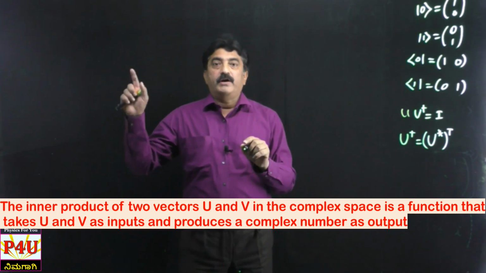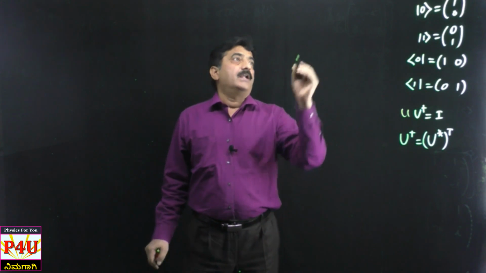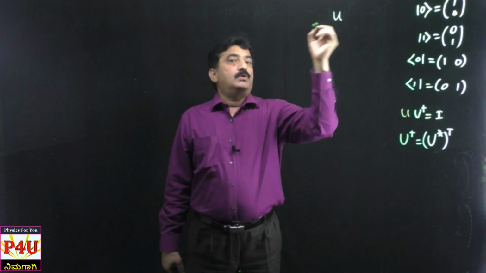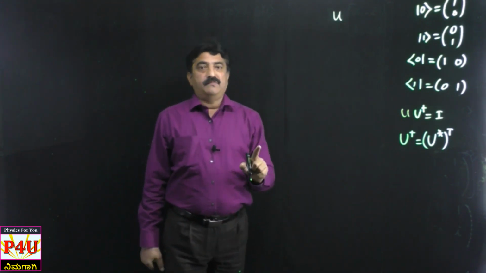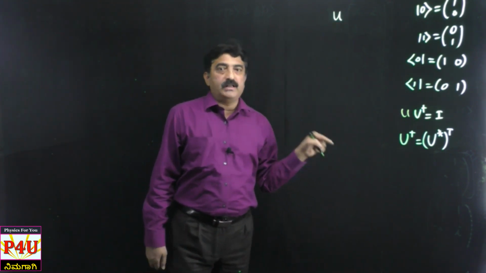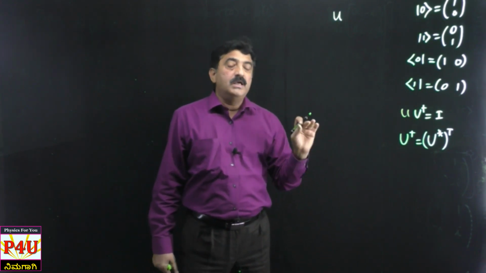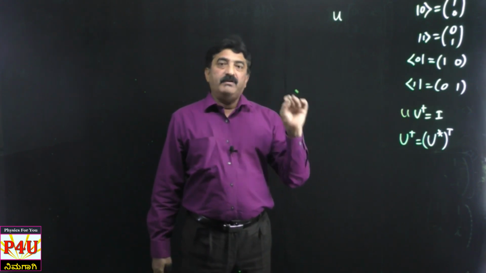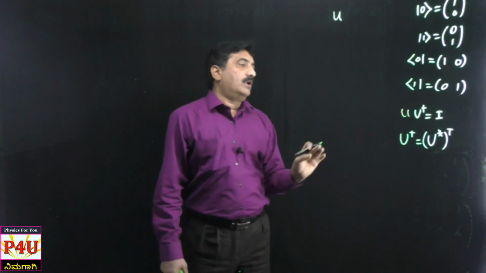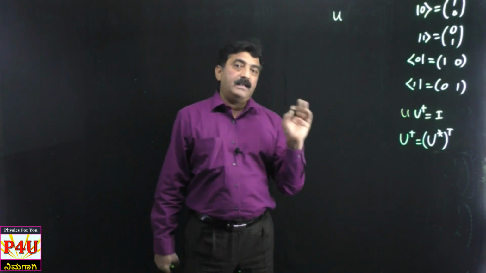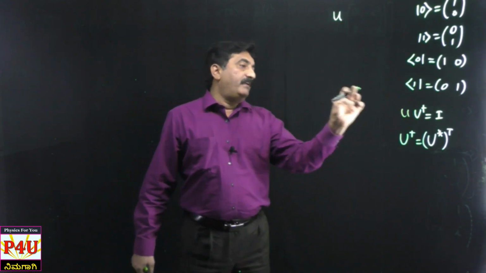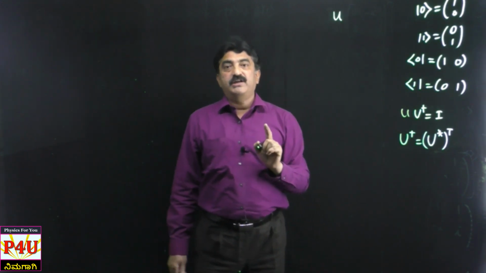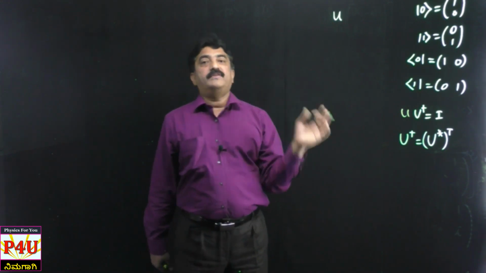I already told you the procedure to find the inner product. If I have a vector u, first I should find the transpose of that. But remember, in this particular context it is not just the transpose, it should be the Hermitian, because here we are going to have complex numbers also. So Hermitian is better than just the transpose. So I have a vector u, I find its Hermitian, and whenever you find the Hermitian, it is going to be the bra of that ket vector.